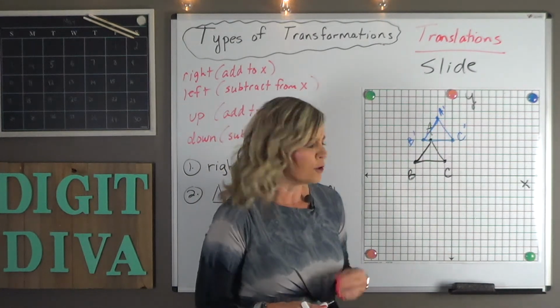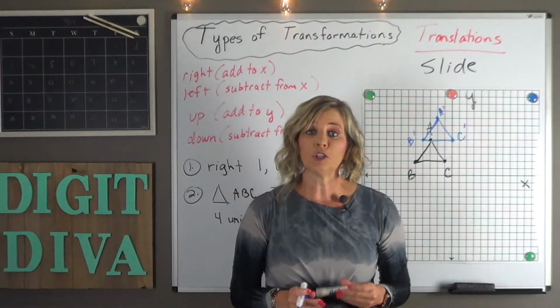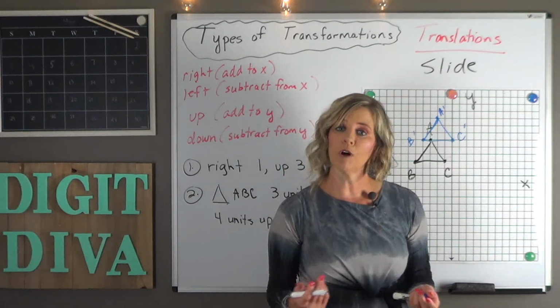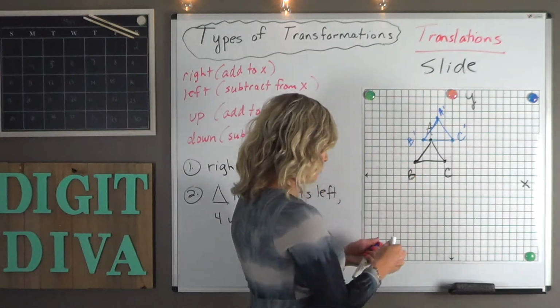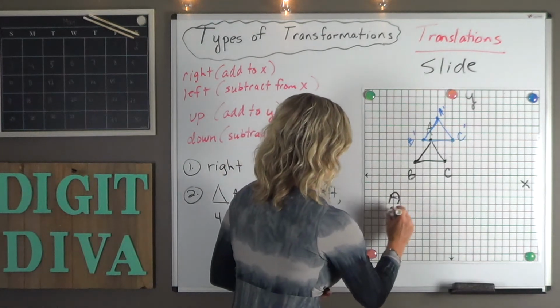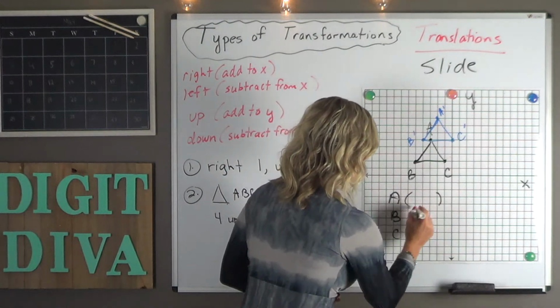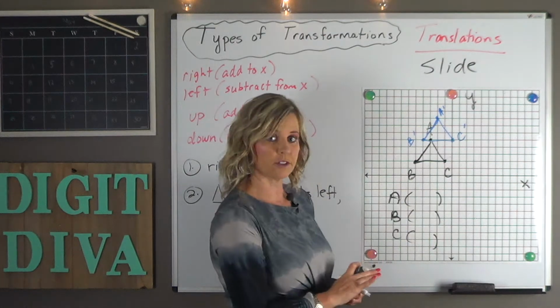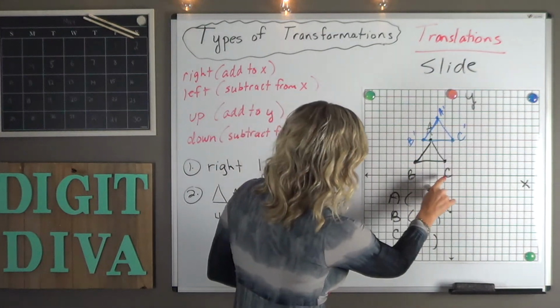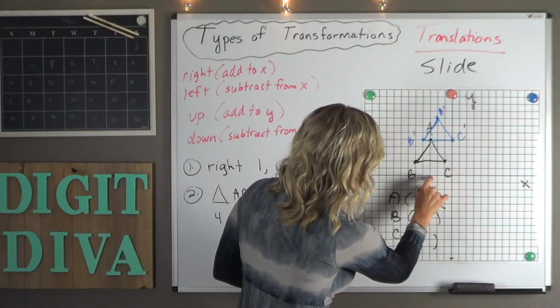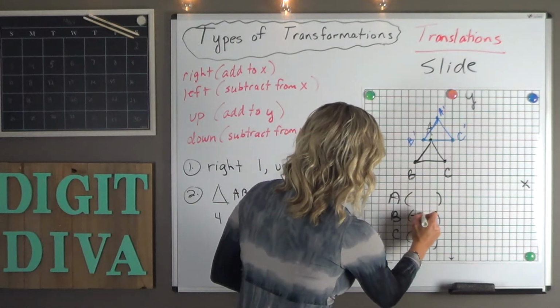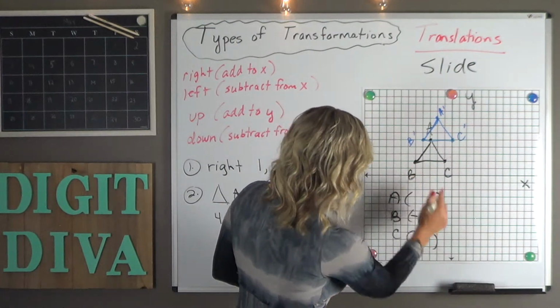Okay, so sometimes you'll be asked to give the new ordered pairs. So let's do A, B, C. The original ordered pairs for our original triangle: B would be at -5, 2.